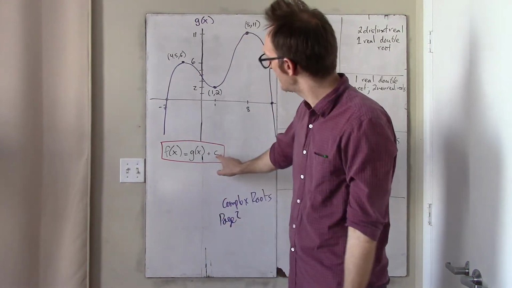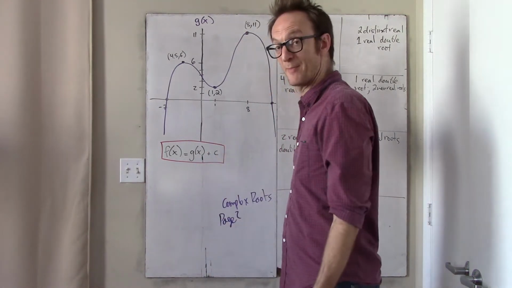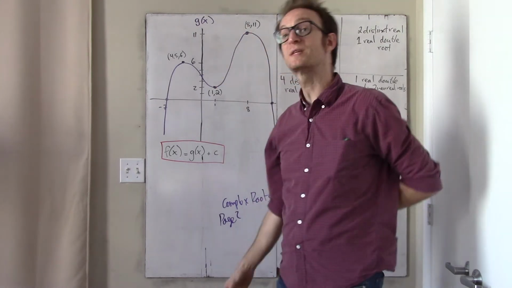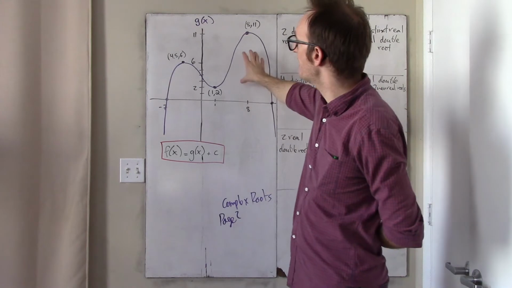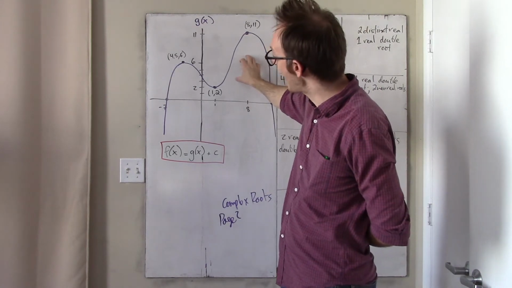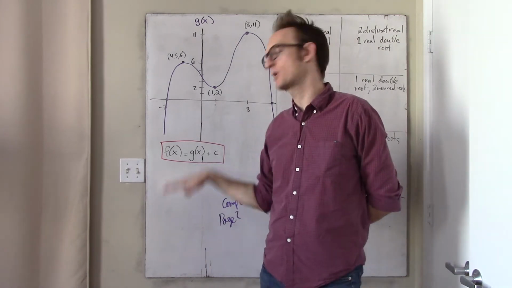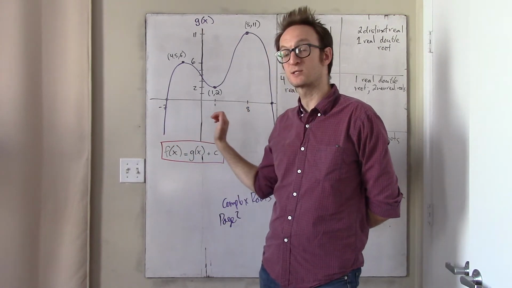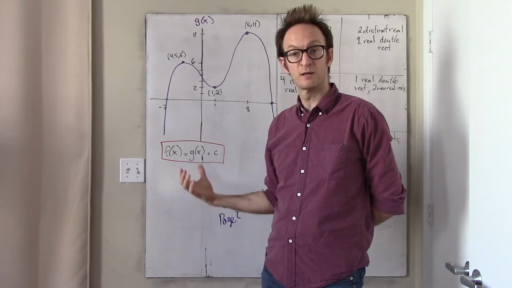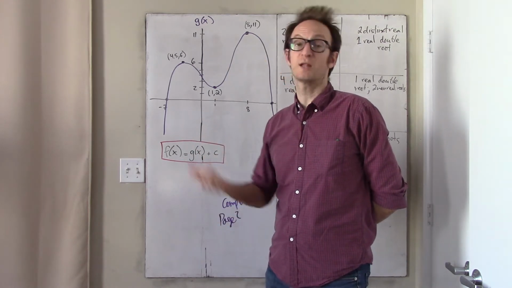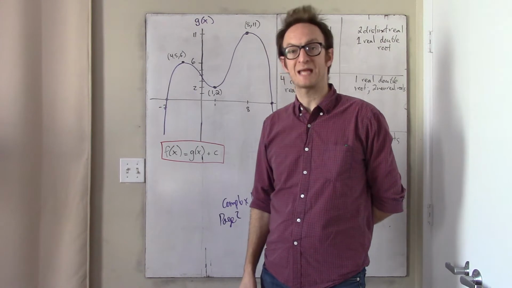Then the graph f, which I'm about to answer questions about, looks exactly like the graph g, except it's been moved down. If you move this function down by 1,000,000 or something like that, then the entire graph is going to exist underneath the x-axis, and so it's going to have no real roots. And if it has no real roots, then all of its roots are non-real, and so that's that.